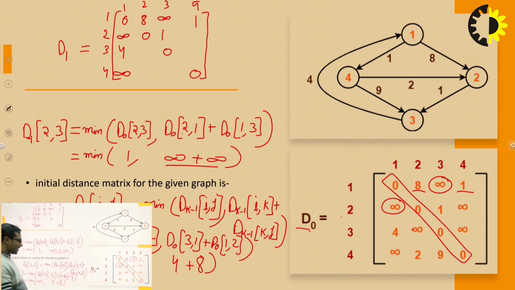So what is the minimum value? You can see 12 is the minimum value, infinity is here. So I can just write here 12.